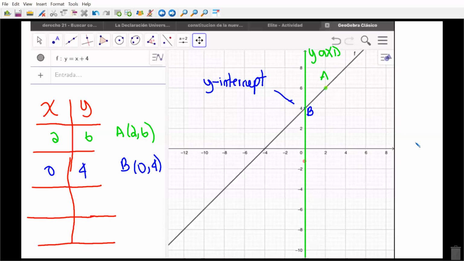Yes? Yes. And now the blue axis is going to be called the x-axis. Okay? So with the chart or with the graph, you can find the coordinates of the points, right? Yes.